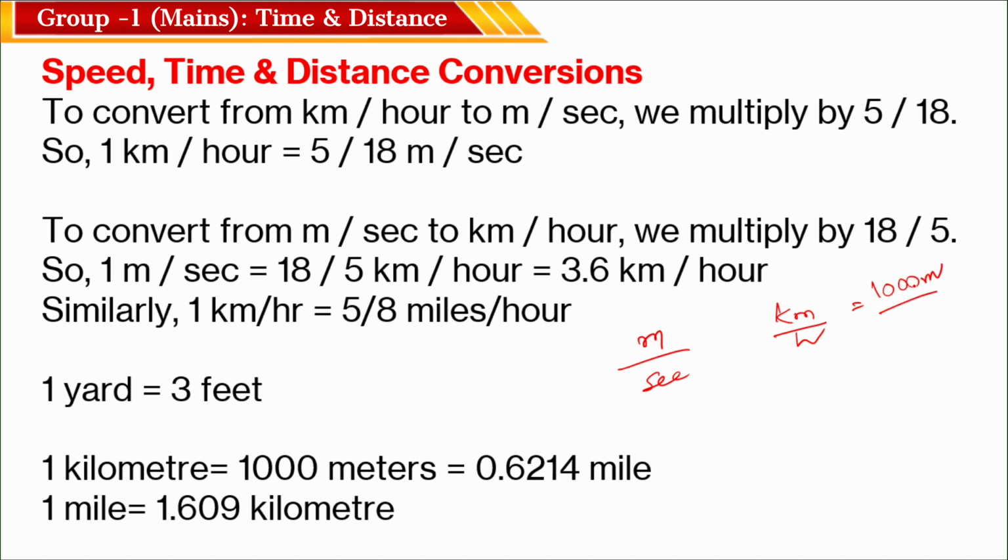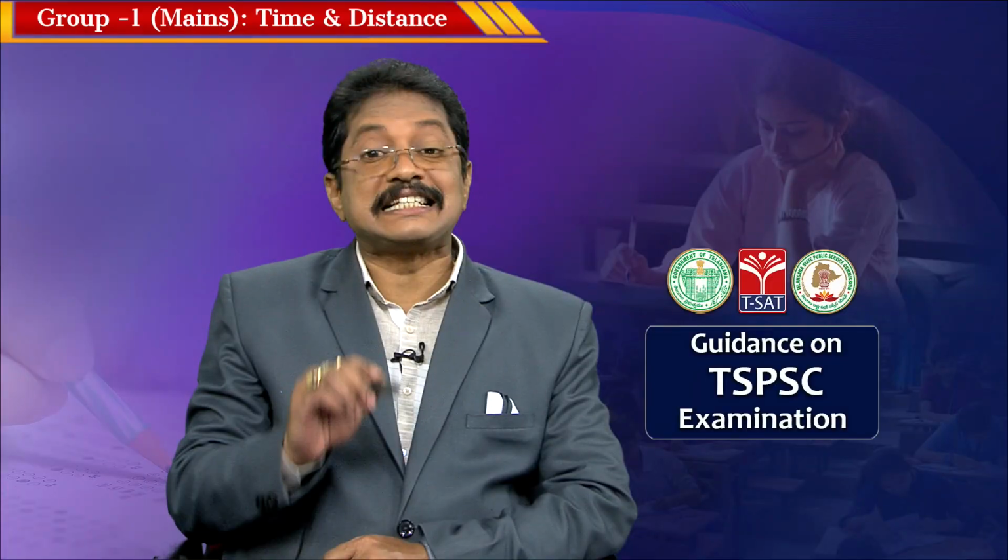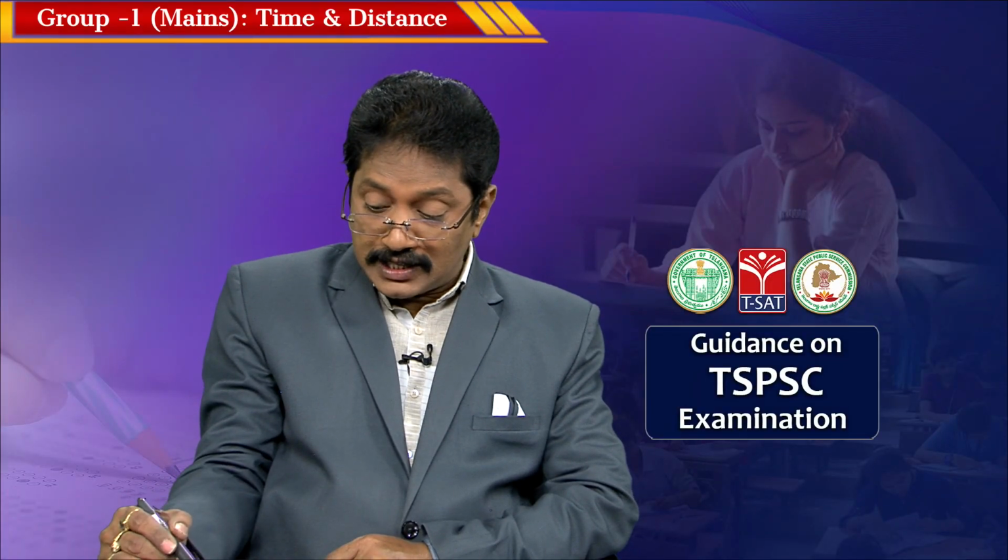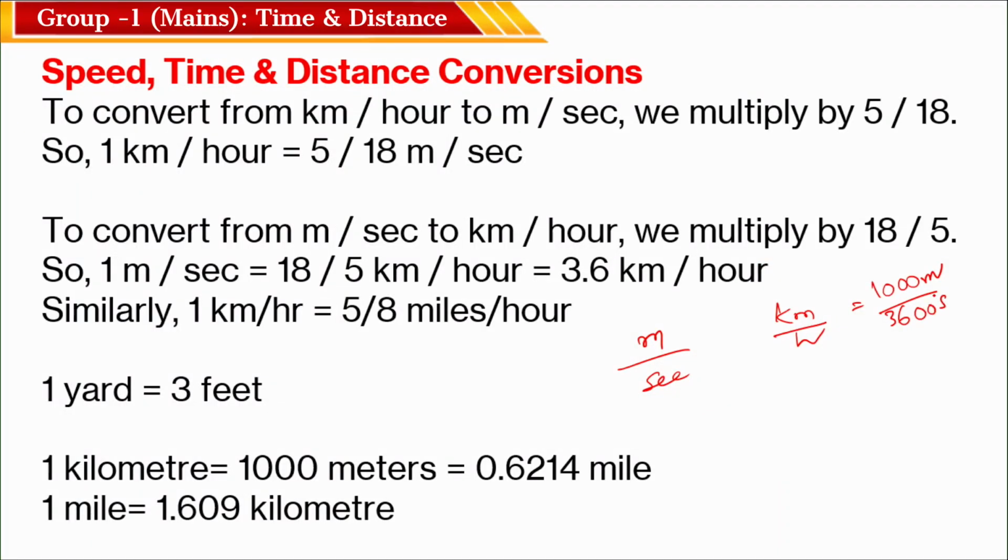How many seconds are in an hour? You know that 1 hour is equal to 60 minutes, and each minute has 60 seconds, which means 3600 seconds, correct. So 1000 by 3600 is 10 by 36 meter per second, or 5 by 18 meter per second.